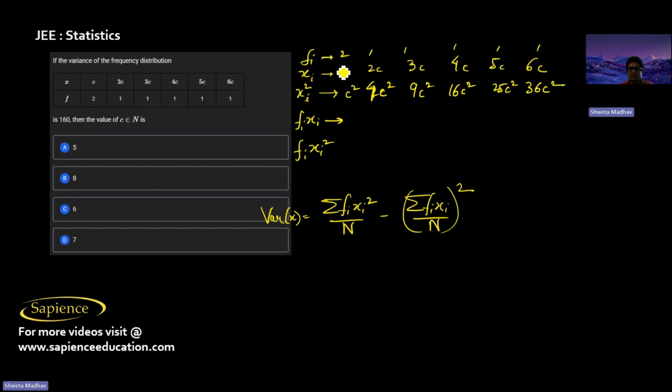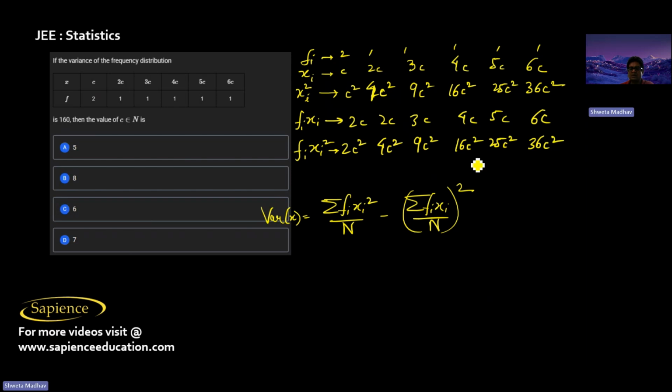So Fi Xi will be 2C, 2C, 3C, 4C, 5C, 6C, and Fi Xi squared is 2C squared, then 4C squared, 9C squared, 16C squared, 25C squared, 36C squared.